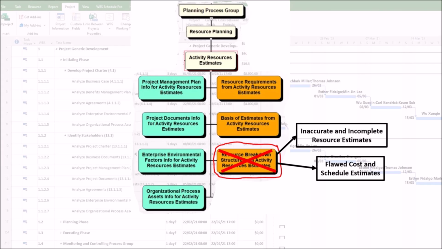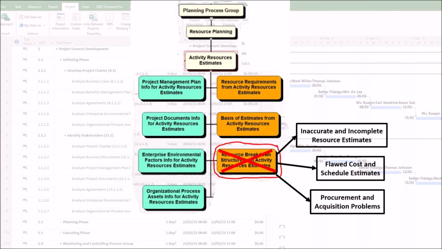This leads to a budget that is either unrealistically low, such as missing resources, or unnecessarily high, such as overestimating to cover uncertainty. Second, unrealistic schedules. Activity durations are based on the availability and capability of the resources assigned. If the resource breakdown structure doesn't specify that you need a senior database administrator for a critical task, and you assign a junior one, the activity will take much longer than planned, derailing the project schedule.